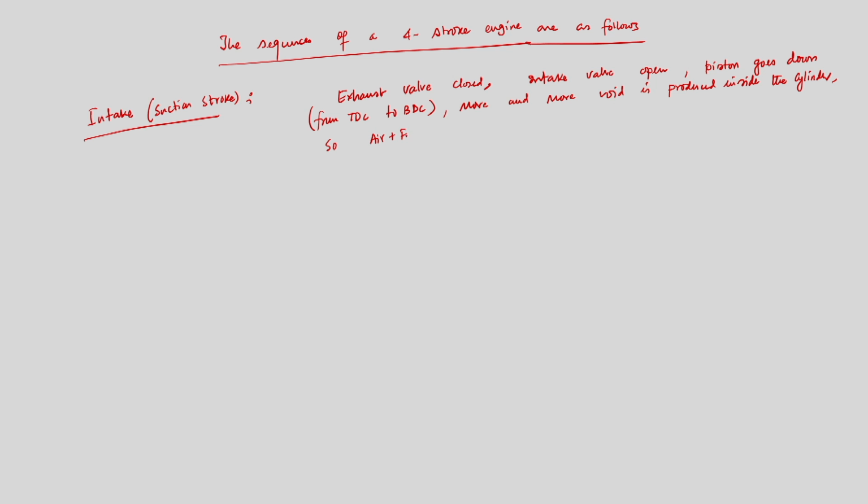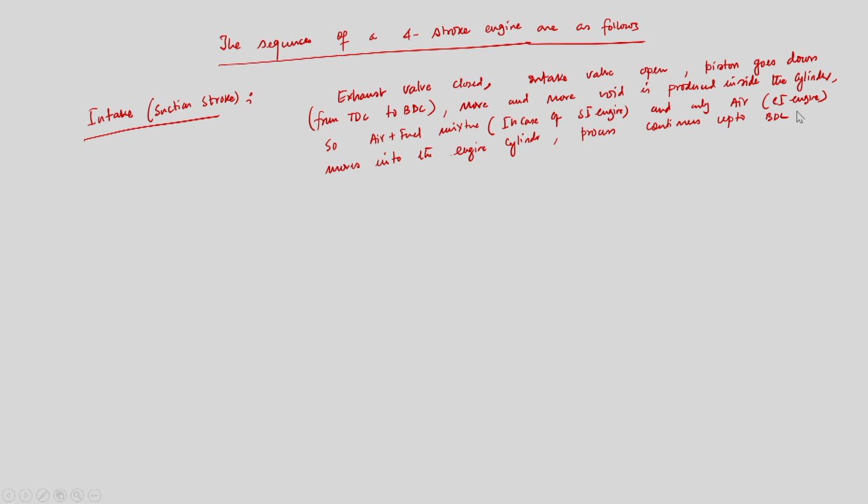Air plus fuel mixture in case of an SI engine, and only air for a CI engine, moves into the chamber or engine cylinder, and this process continues up to BDC.